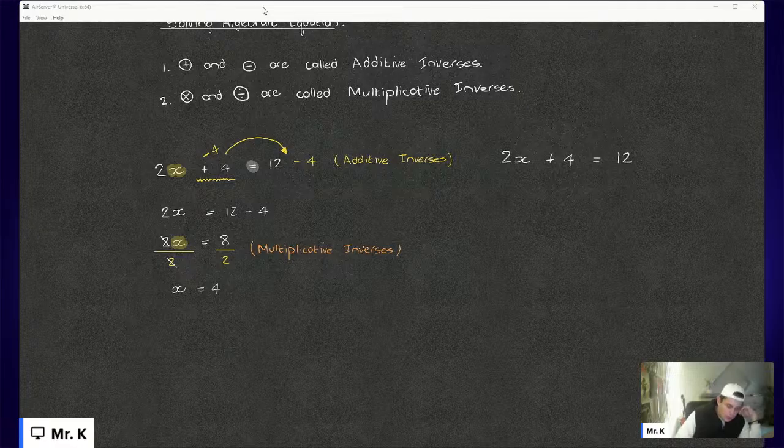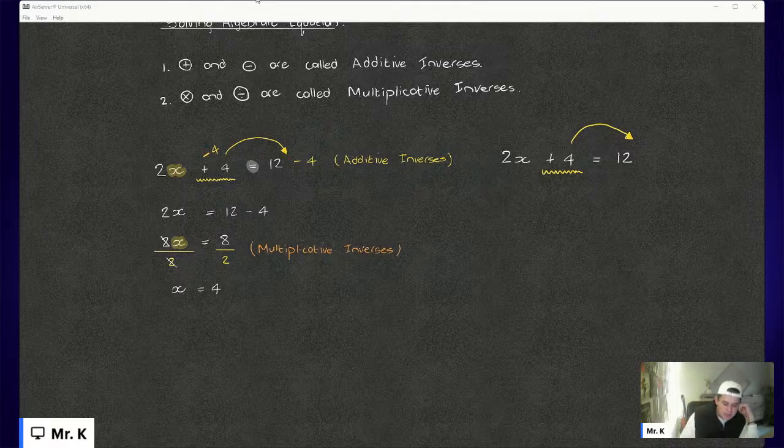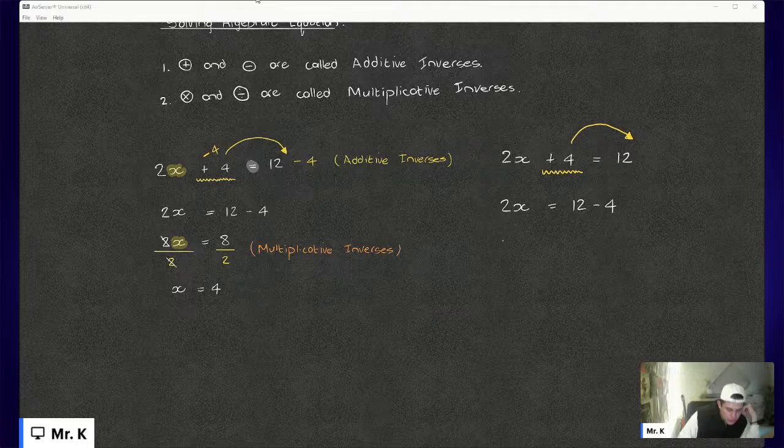If I know that I want to move this plus 4 over to the right-hand side of the equation so that I can isolate the variable and collect all of the constants together, this plus 4 can be moved over the equal sign, and without having to do minus 4 on the left and minus 4 on the right, this plus sign simply changes into a minus sign as we move it over the equal sign. Right? So now we're going to have 12 minus 4.